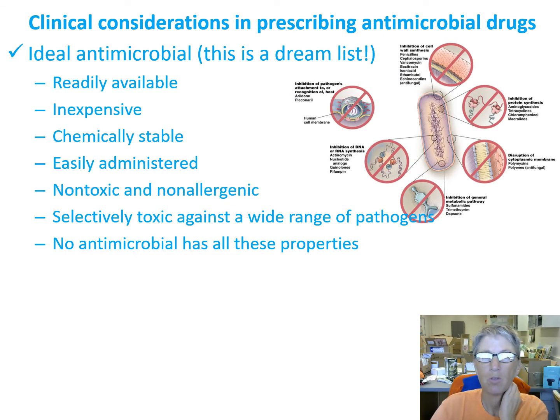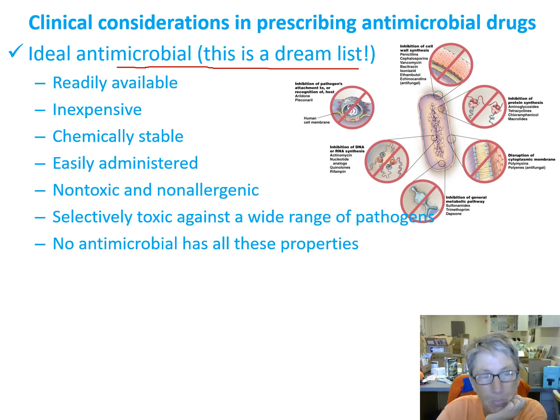Clinical considerations in prescribing antimicrobial drugs. This is a dream list, so you can't really get all of them, but you try. The ideal or dream list for an antimicrobial drug is that it would be readily available. It would be inexpensive, so everybody could get it. It would be chemically stable, so you can store it for a long time.